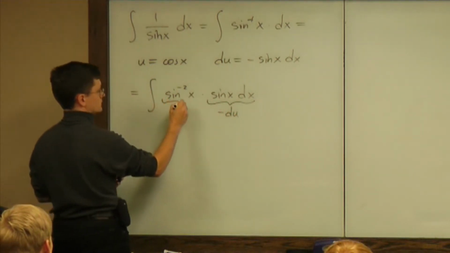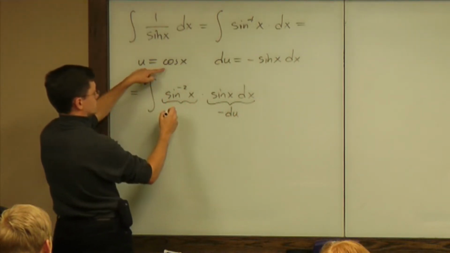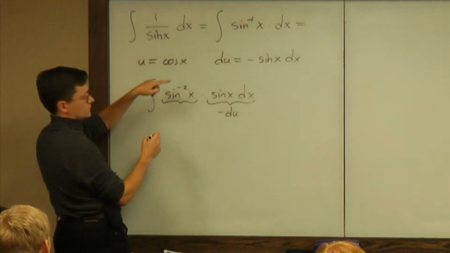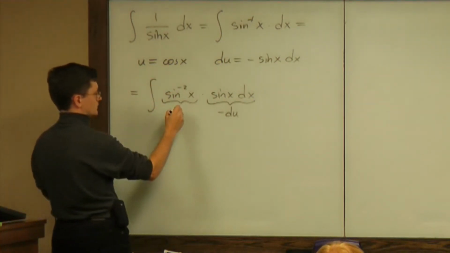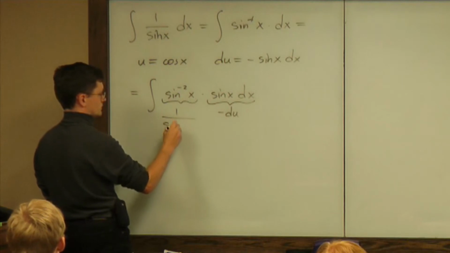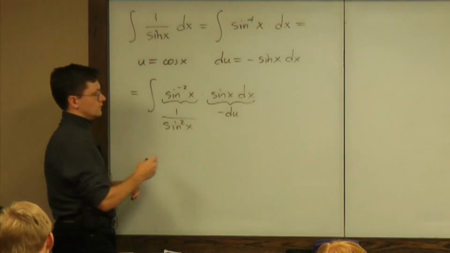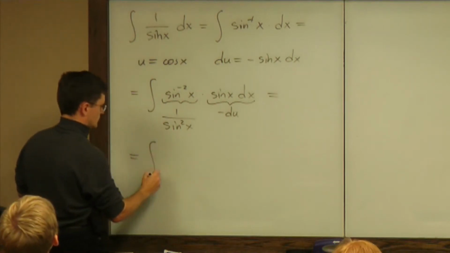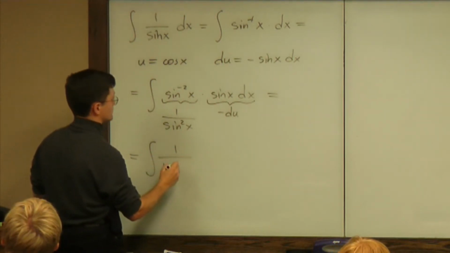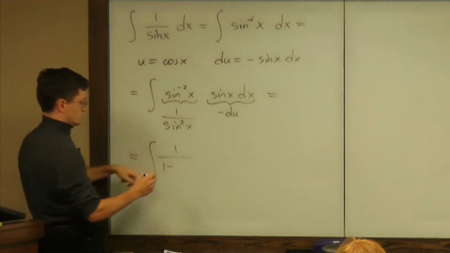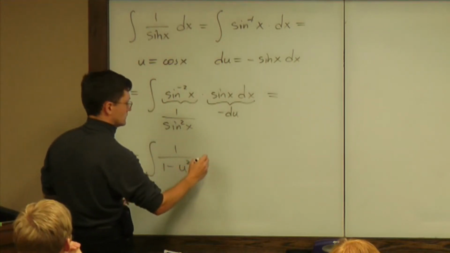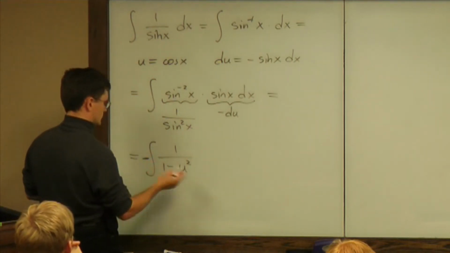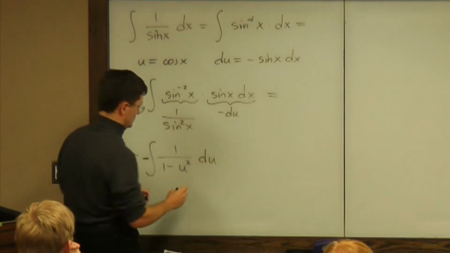And that is simply something about cosine, right? It is 1 over sine squared, and sine squared is 1 minus cosine squared. So it becomes 1 minus u squared, negative sign comes out, du.